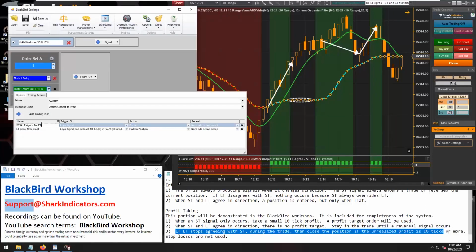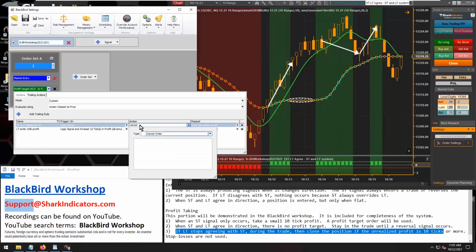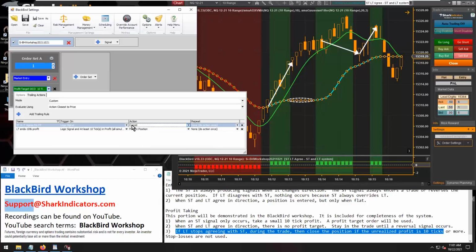The first trailing rule actually cancels this order. If this profit target is canceled, then this second trailing rule can never execute, because there is no profit target that has a trailing rule attached to it anymore.